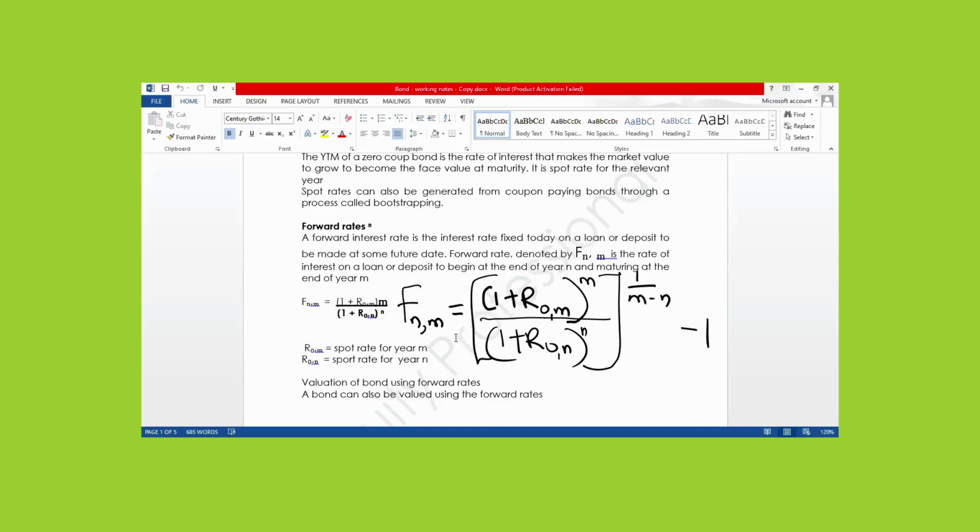Everything raised to 1 over M minus N. Your final answer minus 1.